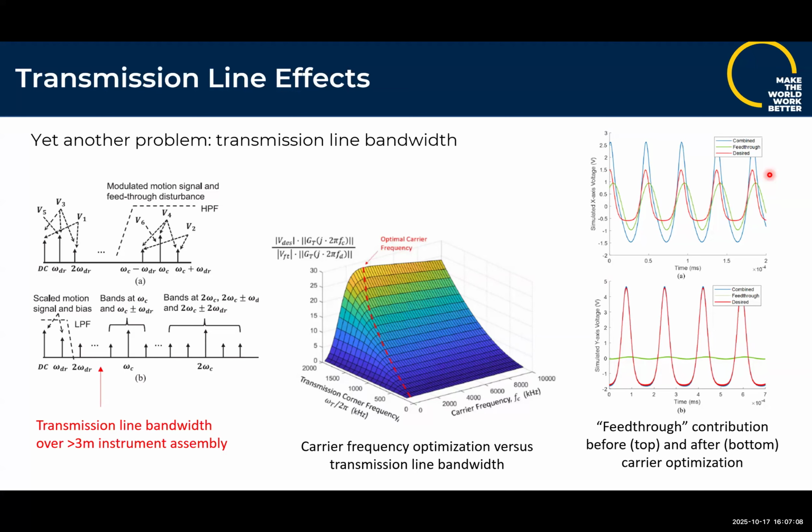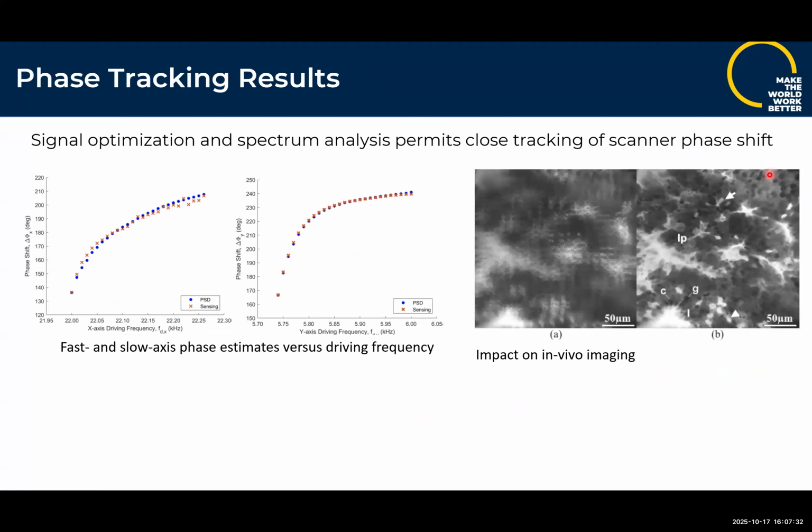And so we went through a whole process of optimizing the best carrier frequency to balance reduced coupling in the drive signal and the most we could get out of the carrier signal. It helped a lot. We could reject a lot more of the feed through and get a lot closer to the inferred real motion signal. Not perfect, but good enough. It gives us some amplitude information, good enough to get back to really clear phase information in Mickey's work.